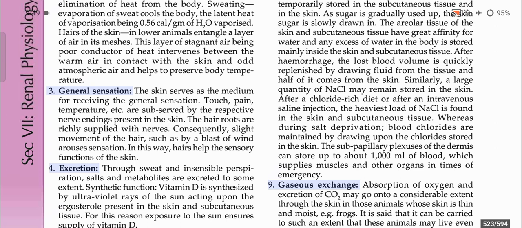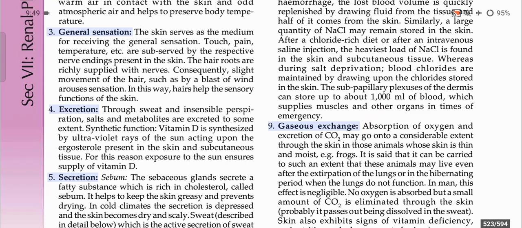The heaviest load of sodium chloride is found in the skin and the subcutaneous tissue, whereas during salt deprivation, blood chlorides are maintained by drawing upon the chloride stored in the skin. The subpapillary plexus of the dermis can store up to about 1000 ml of blood, which can supply the muscles and other organs in times of emergency.